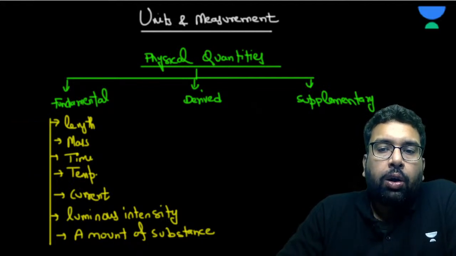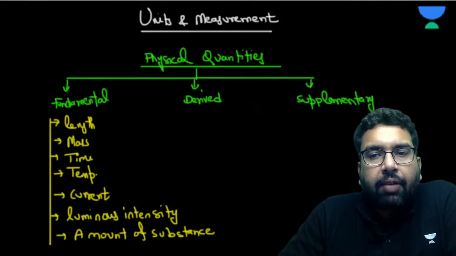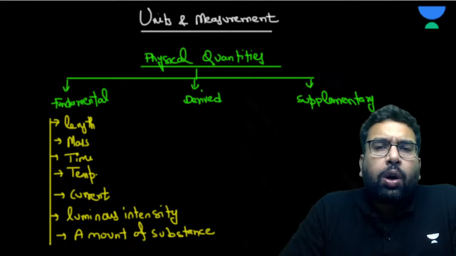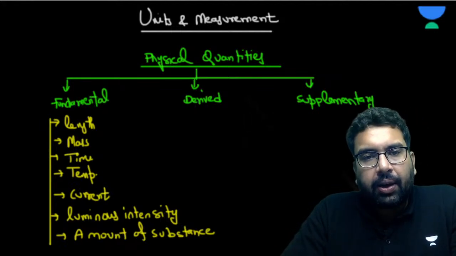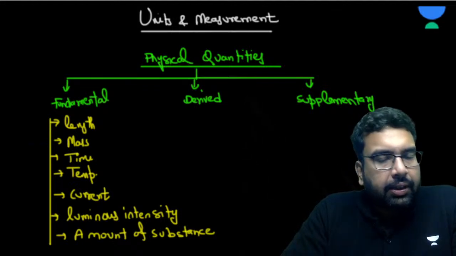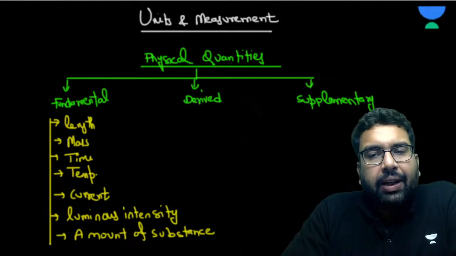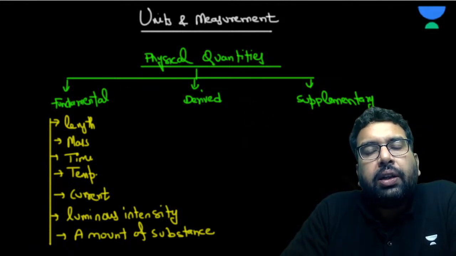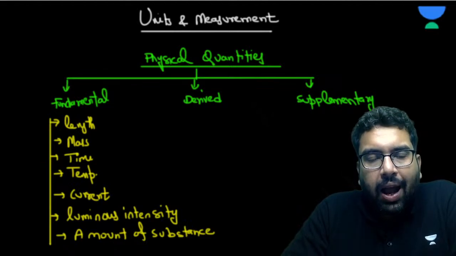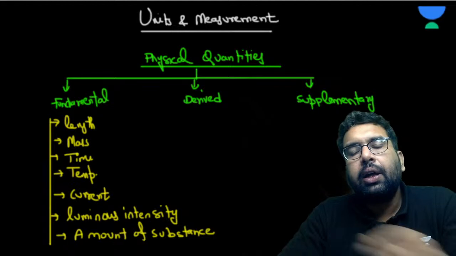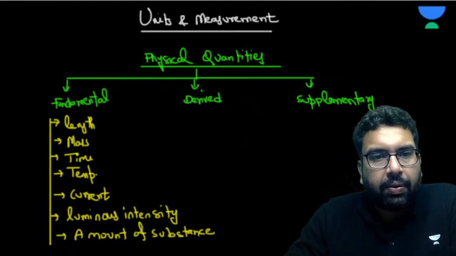Any derived quantity, be it volume, velocity, force, pressure, stress, magnetic flux, resistance, voltage, anything, is derived from these basic seven fundamental quantities. I hope it is fine to everyone.